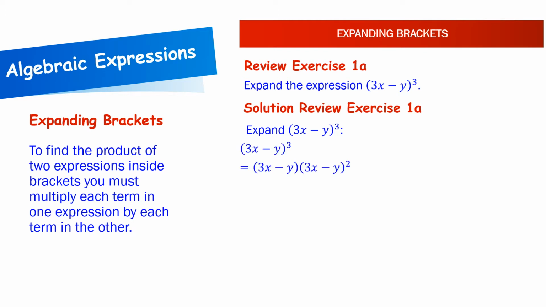We're going to rewrite 3x minus y all cubed as 3x minus y times 3x minus y squared. We will now focus exclusively for the next few slides on 3x minus y all squared, which is re-expressed as 3x minus y times 3x minus y.